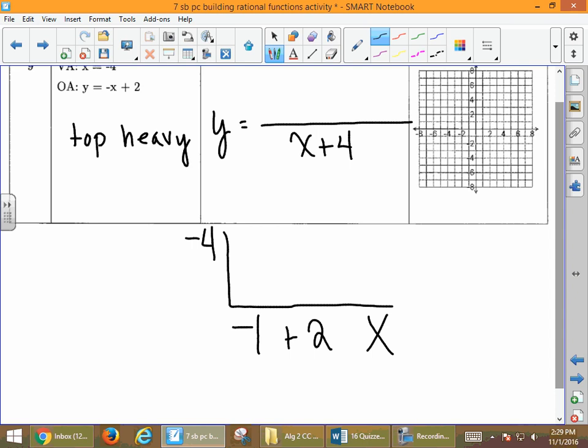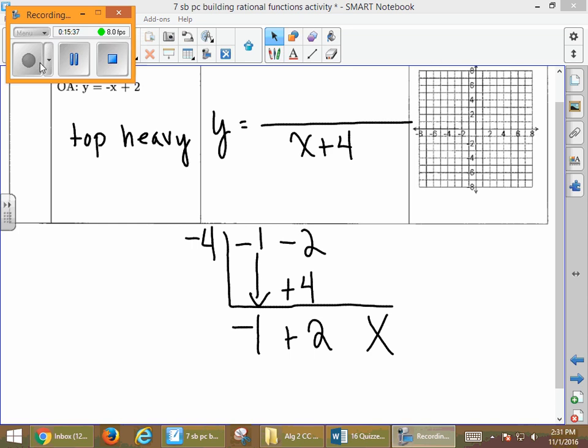But when we're doing synthetic division, this first term we always bring down. So that means that this is going to be -1. And then use that value. -4 times -1 is +4. What value plus 4 gives us 2? -2. So again, just to go over this, we carried down this -1, or we carried it up because we know what the oblique asymptote is.